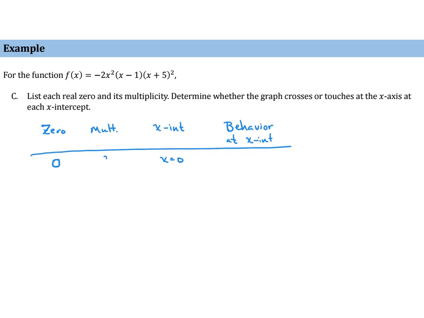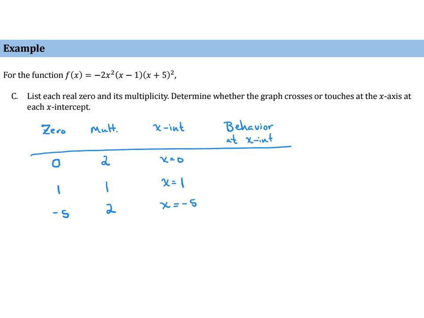The multiplicity is 2. Then we have a zero of 1, which has a multiplicity of 1, and so our x-intercept is 1. And then negative 5 has a multiplicity of 2. The x-intercept would be x equals negative 5.